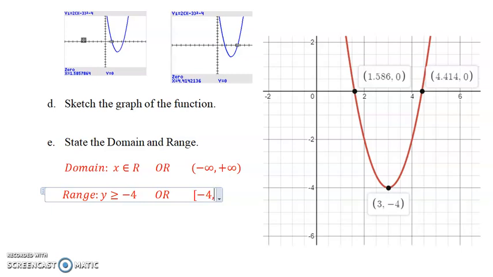Square bracket means we include the -4 value, and that goes to positive infinity, which again has to be round bracket because we can't go any further. Okay, so either one's acceptable, whatever notation you like, I'm okay with. Again, it'll depend on your teacher or your professor, depending on where you go with this next. But that's all you need to do for that right there.